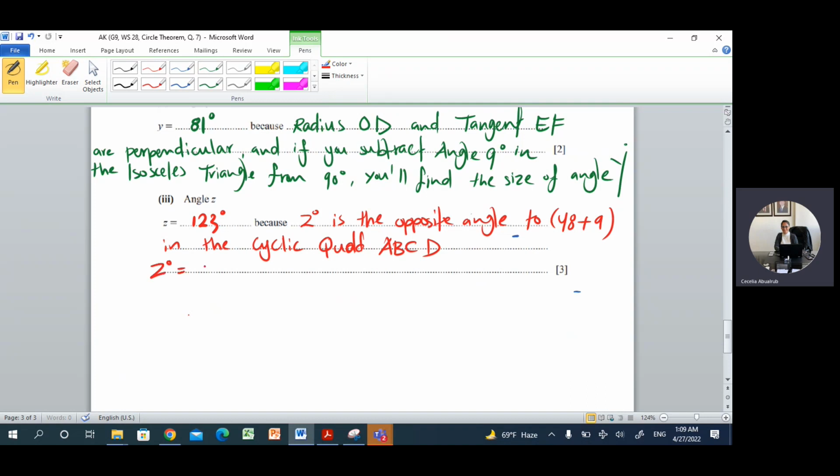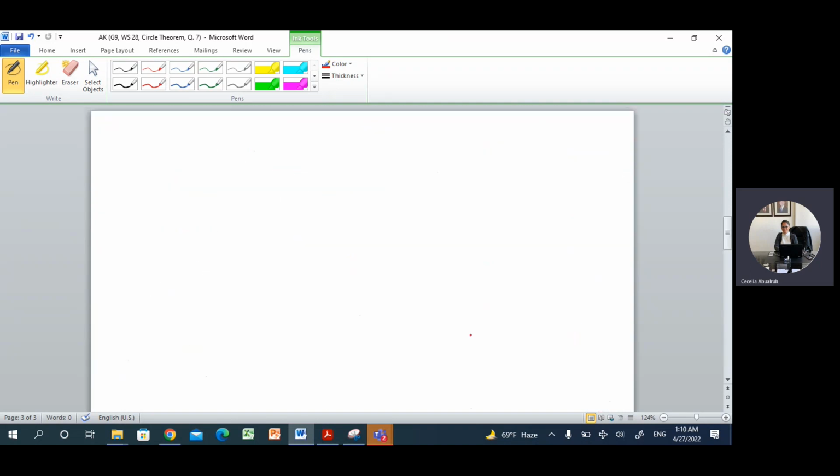And accordingly, Z is equal to 180 minus (48 plus 9) because opposite angles in a cyclic quadrilateral add up to 180 degrees. And so it will be equal to 123 degrees.